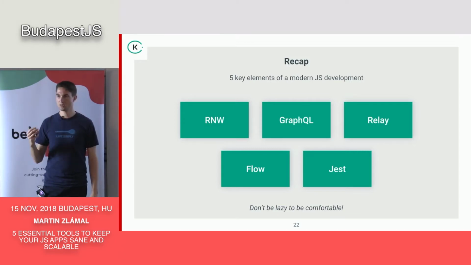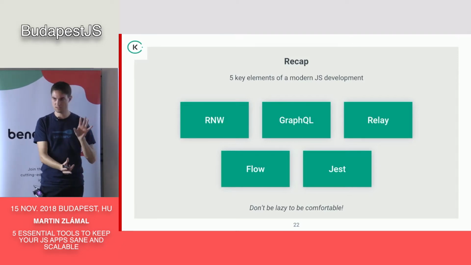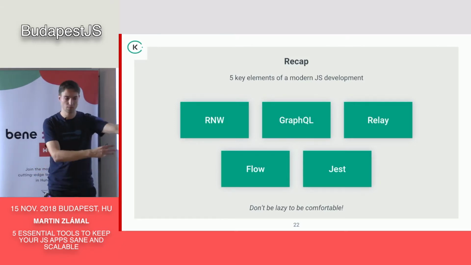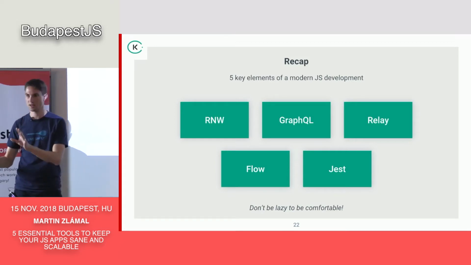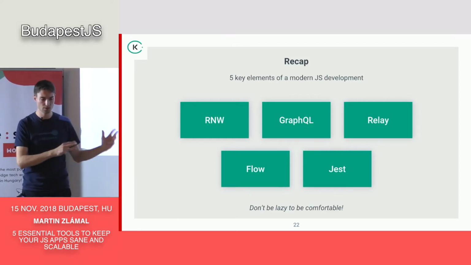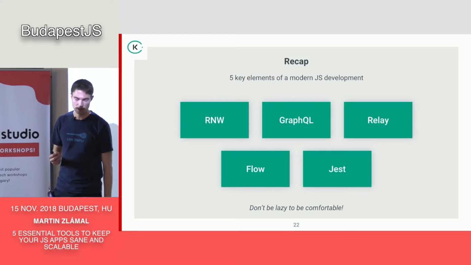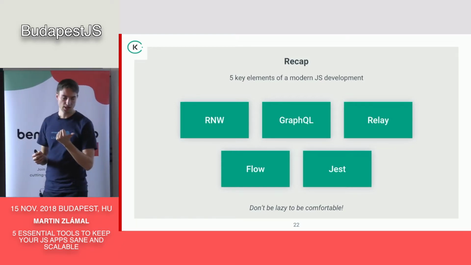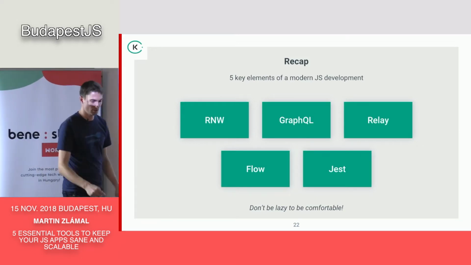And thanks to Relay, which connects these two concepts, we can take the whole React Native or React component, even with the data requirements, and just run it everywhere, just move it somewhere else, and it will just work, because we are carrying everything, styles, even the data concepts with us. And there are some tools that will help us to maintain the code base, which is Flow for the types. I showed you the arrow with the properties, and Jest in order to run the tests.